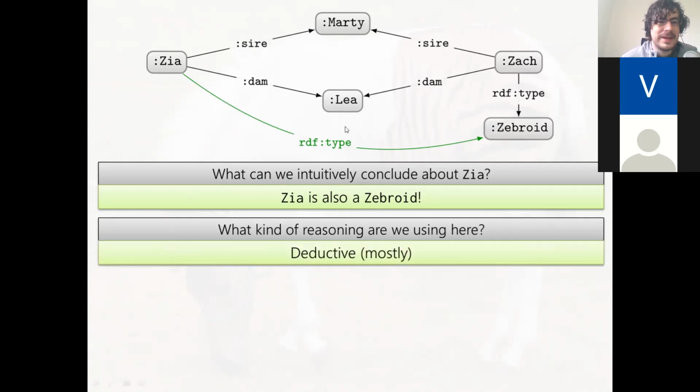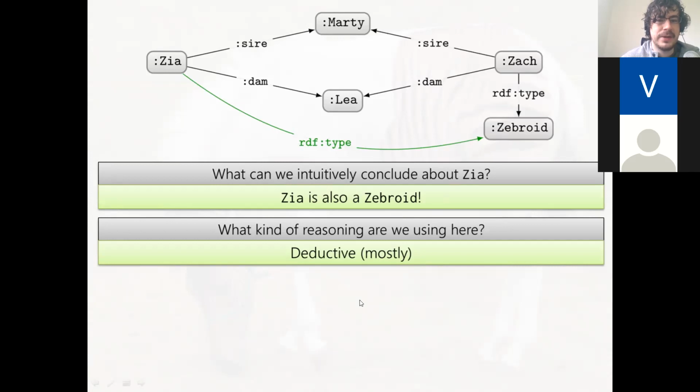But I would tend to argue that this is probably deductive because we haven't seen zebroids yet, and we probably haven't really inductively learned from all those examples. Maybe one could argue from other species, but I think this is mostly a deductive thing, that we realize that a zebroid is someone who has one parent a horse and another a zebra, and that this must be the case for Sia, therefore Sia is a zebroid.